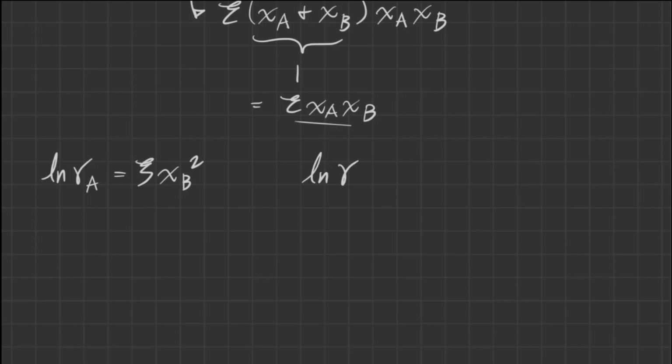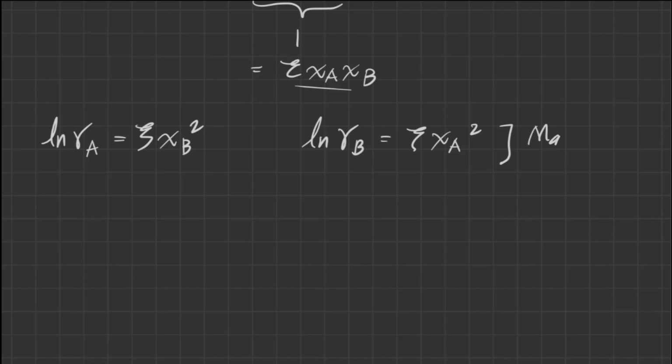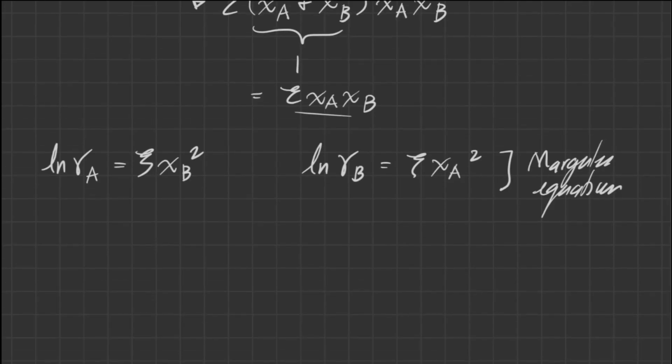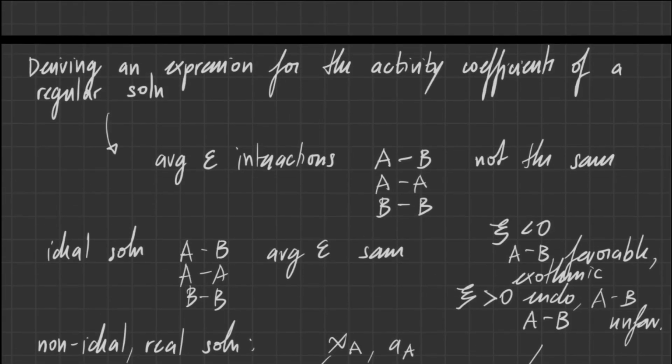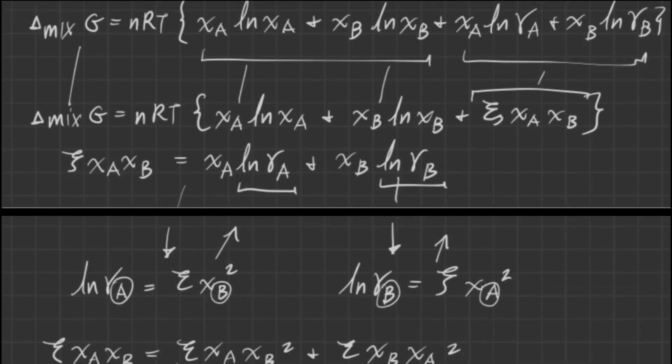These equalities are called the Margules equations. So at this point we got to where we wanted to be, that is to derive an expression for the activity coefficients of a regular solution.